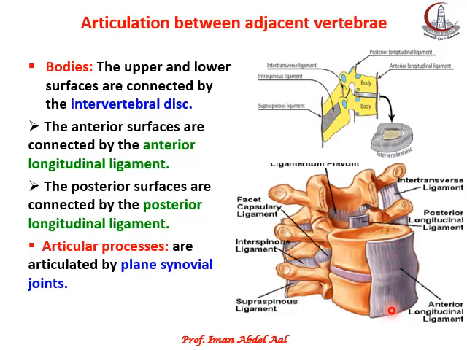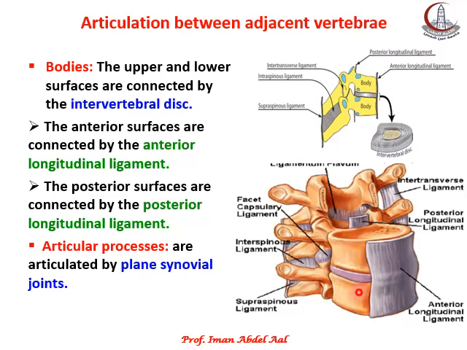Anteriorly, the anterior surface of the vertebra is connected by what is called the anterior longitudinal ligament. This one is the anterior longitudinal ligament. The posterior surface of the vertebra is connected by the posterior longitudinal ligament.